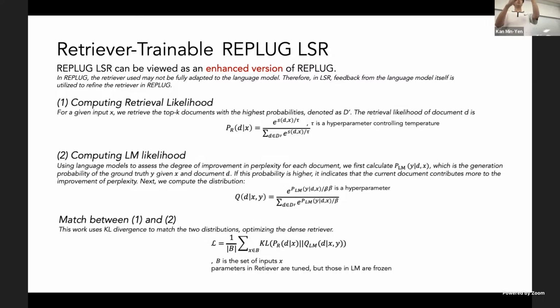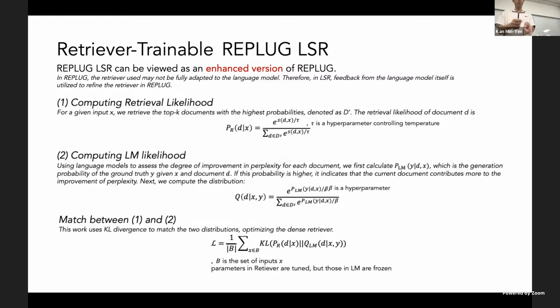So we want these two pieces of information aligned with each other. This is the basic concept, and that is how they implemented it. The first one just calculates the likelihood of predicting the whole following sequence one by one, using some kind of softmax.